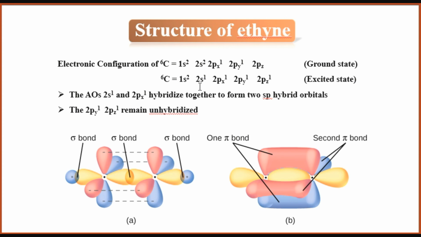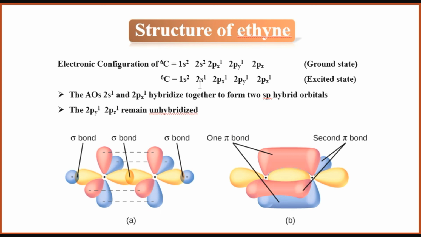So in this way, these 2s and 2p orbitals are partially filled. Since here in the case of ethyne, the structural formula of ethyne is CH, that is, that carbon is triply bonded with the other carbon atom in the form of CH. In short, that is C2H2.